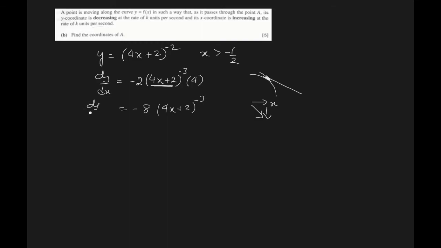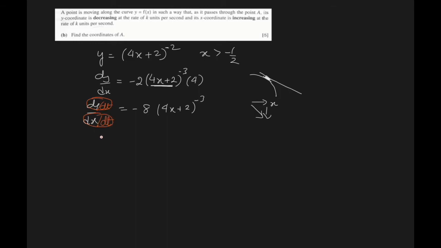And dy over dx. Since they have mentioned the rate of change per second, that means time has to be involved in this. And how can we involve time in both? Divide numerator by dt, denominator by dt, and this becomes the rate of change in y over the rate of change in x.